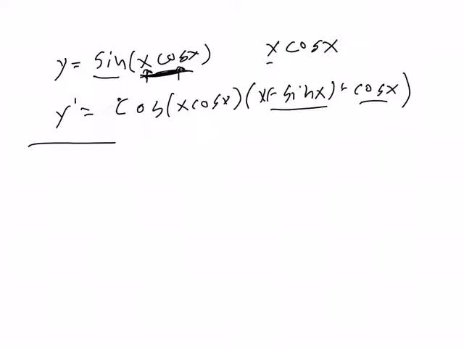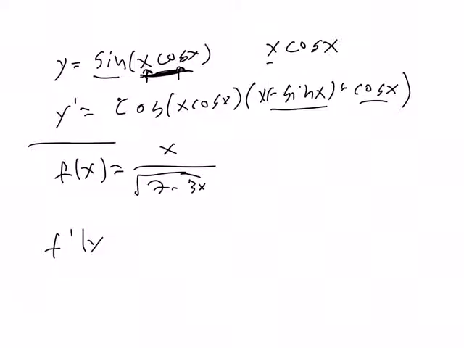Next problem is problem 24. We're given f of x is equal to x over square root of 7 minus 3x. So f prime of x is equal, so we're going to do the quotient rule.